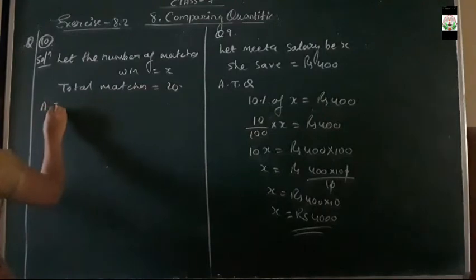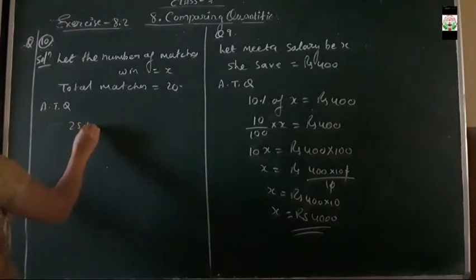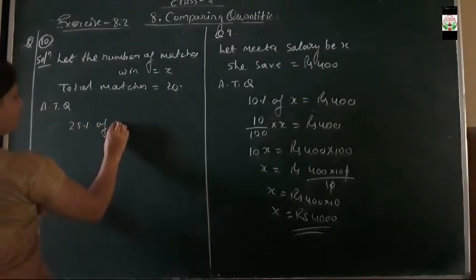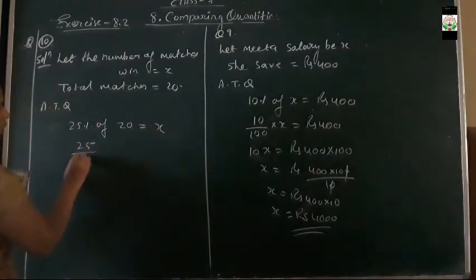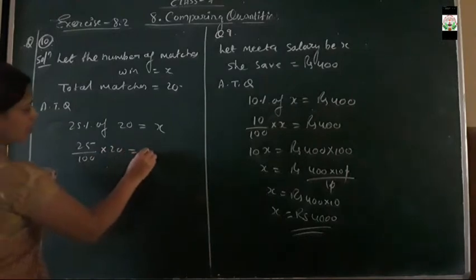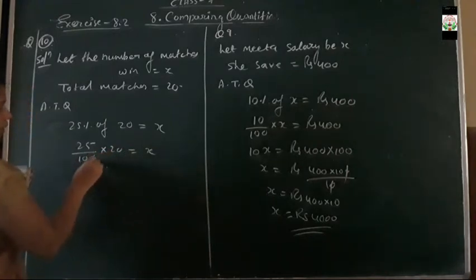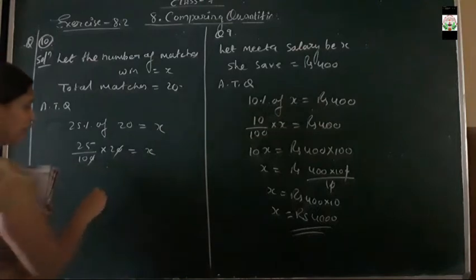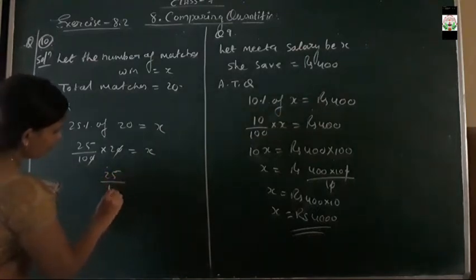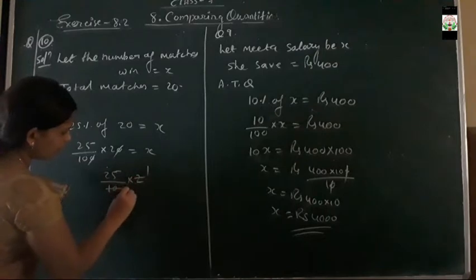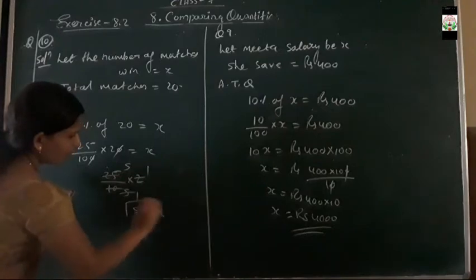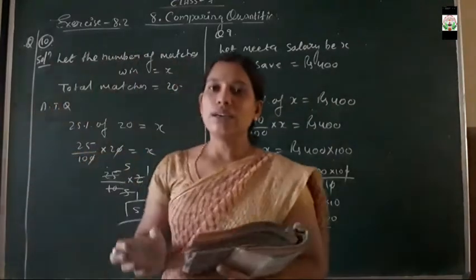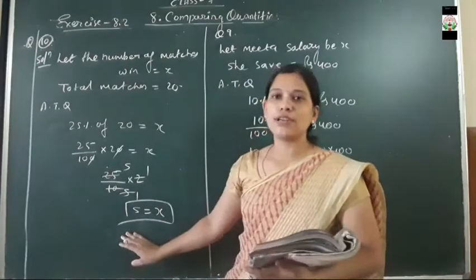According to the question, 25% of 20 is equal to x. So 25 upon 100 into 20 is equal to x. Here the zero will get cancelled from the numerator and denominator. Now 25 upon 10 into 2 is left. 2 1s are 2, 2 5s are 10. So 5 is the number of matches won by that team. So 5 matches are won by the team.